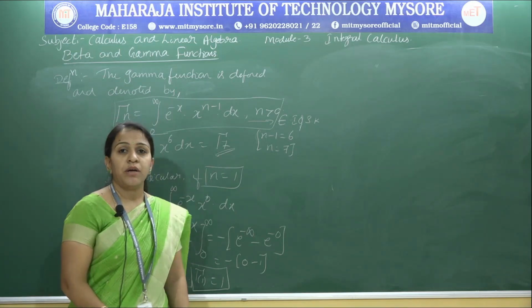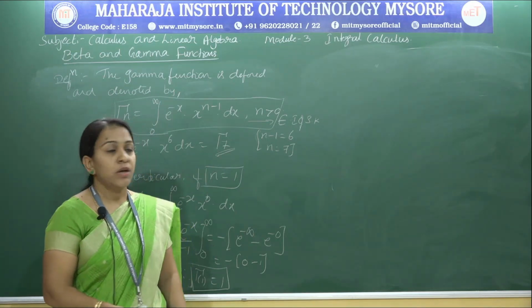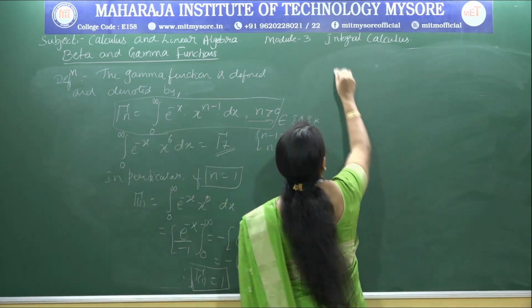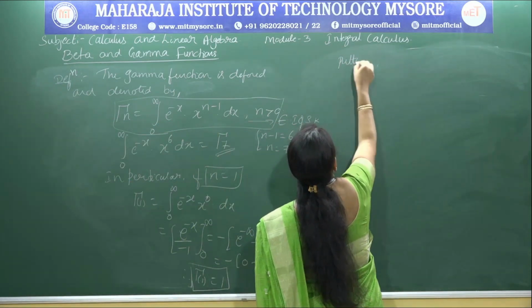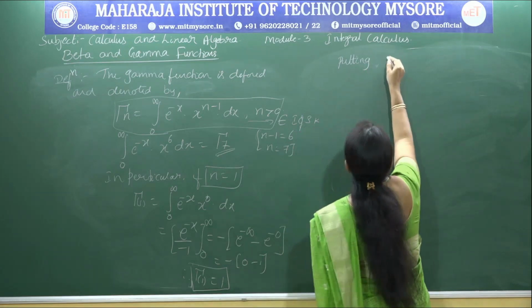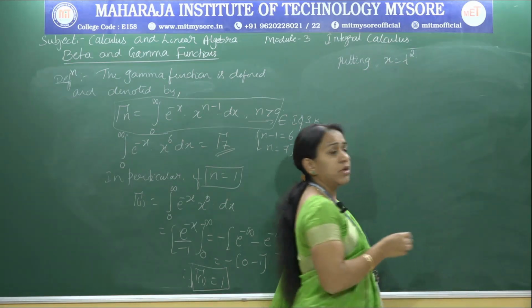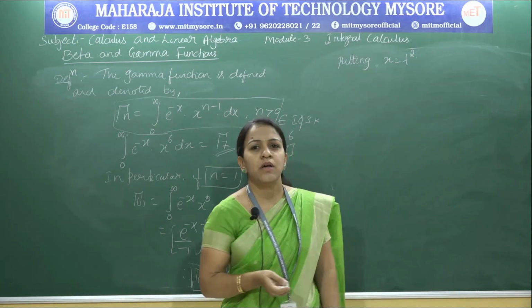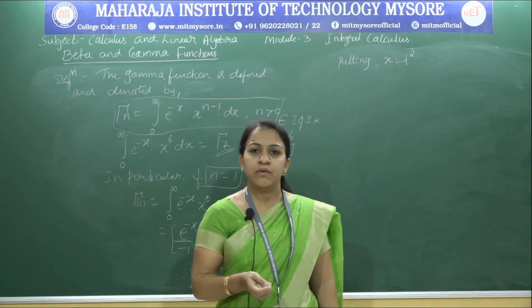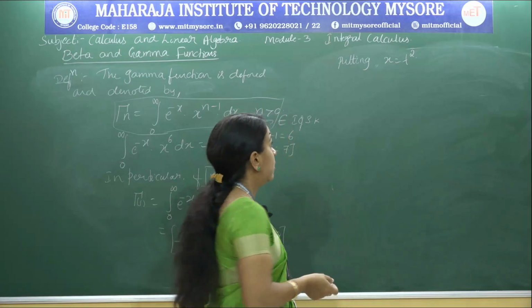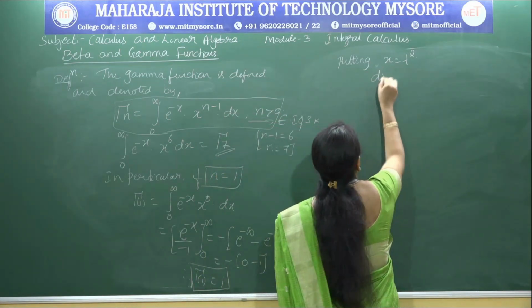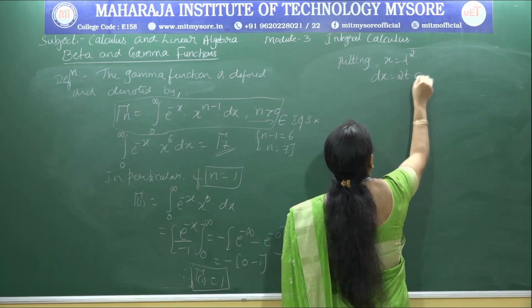Okay. Let me define gamma in another form, by putting x equal to t square. I can define it in another way, which is useful to solve problems, that is dx equal to 2t dt.